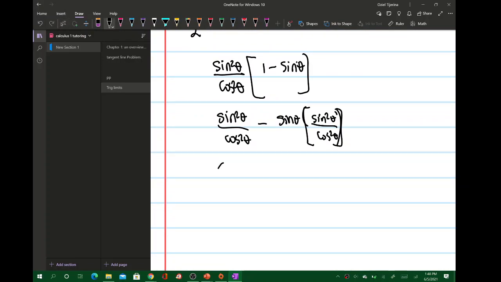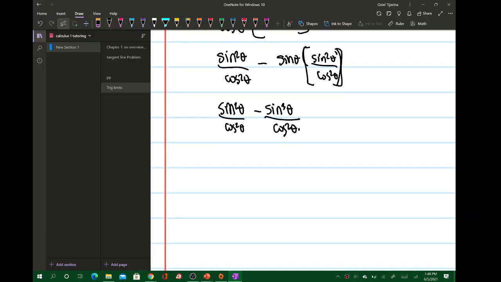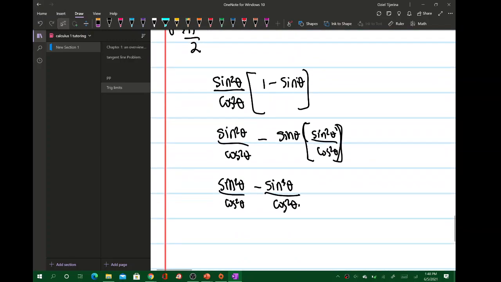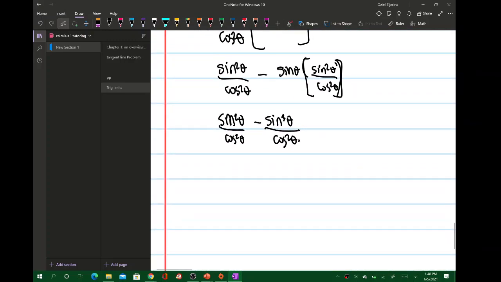Okay, so it's sine squared theta over cosine squared theta minus sine cubed theta over cosine squared theta. Now, by direct substitution, sine of pi over 2 is 1, cosine of pi over 2 is 0.